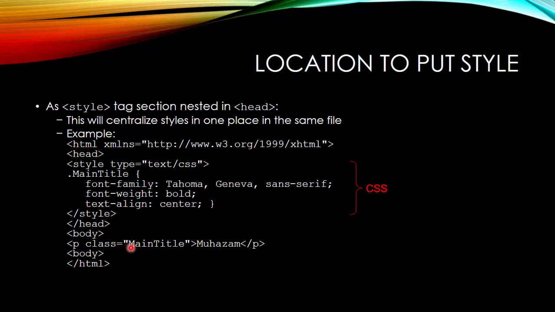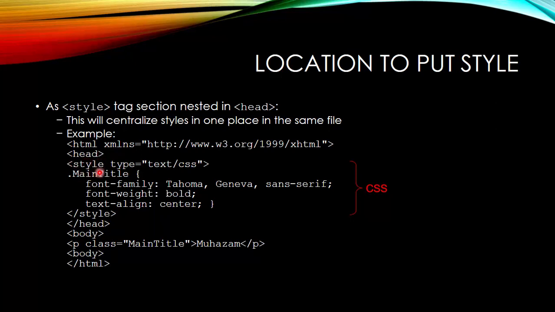We don't want to define the style of this paragraph directly in the tag. We want to centralize it in the head of the HTML. We put the style or the CSS in style tag. It has to be in the head of the HTML.